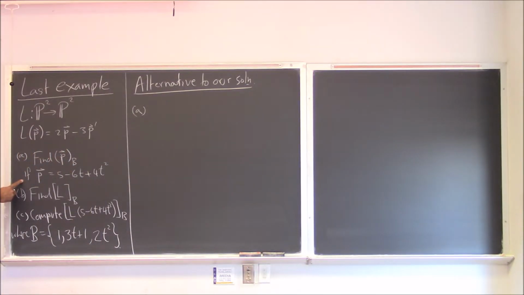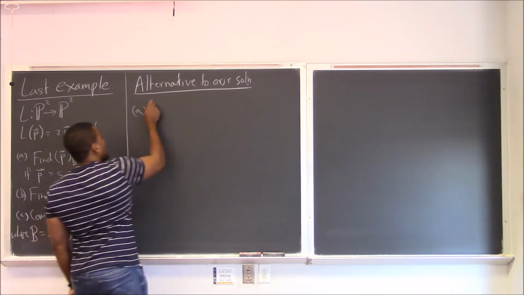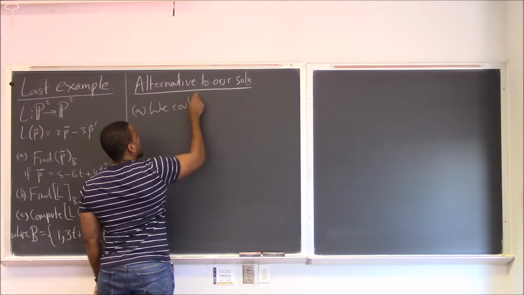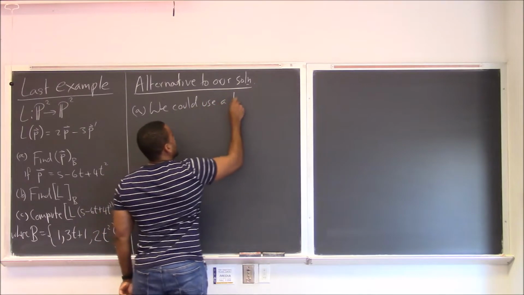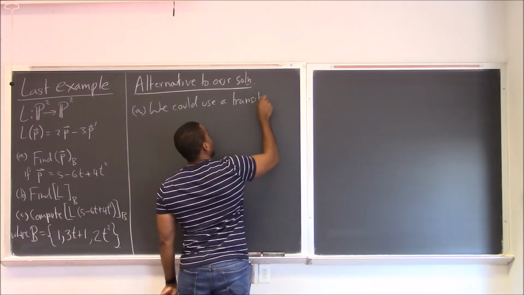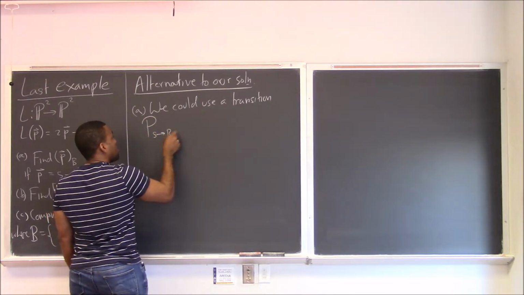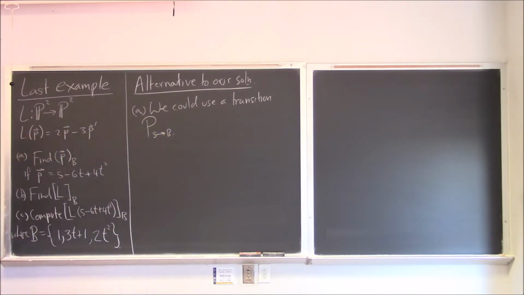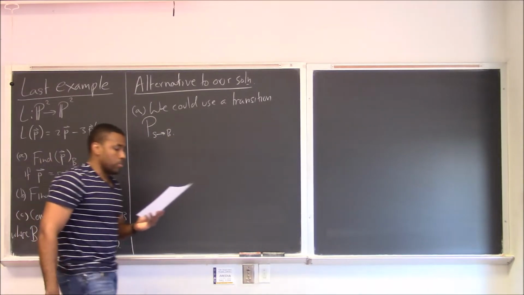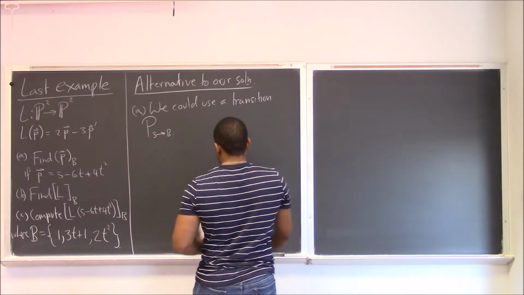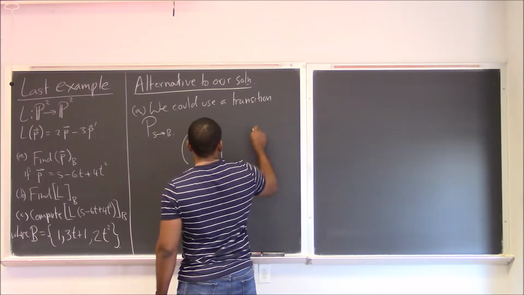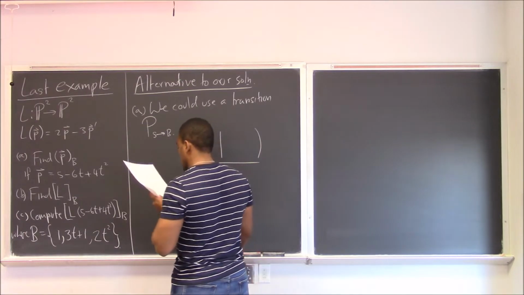to actually find this guy, he's expressed in the standard basis. I want to express him in terms of the basis B. We could do a transition matrix from the standard basis to B. So you might want to do that. And that would involve, of course, computing this thing.